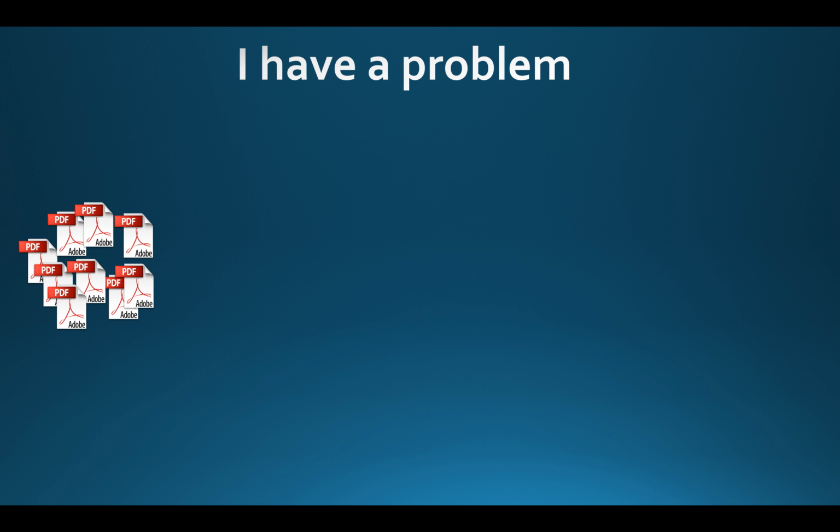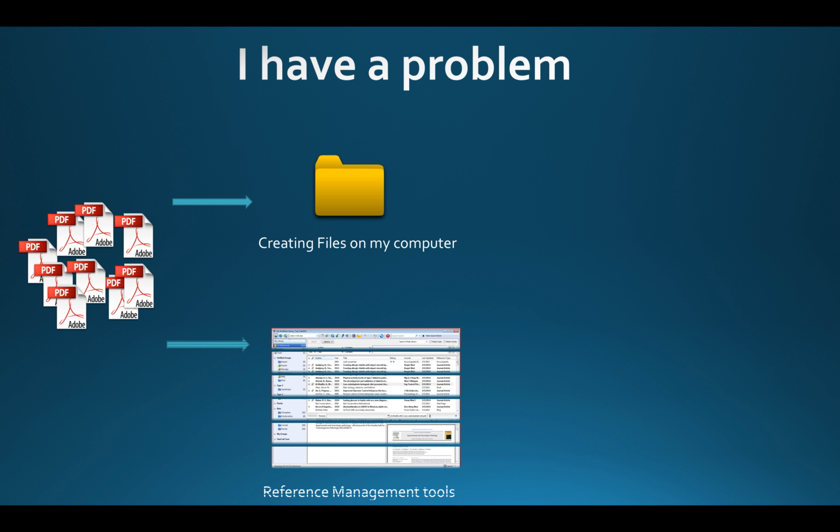During the first month, when I decided to do some literature review about interactive narrative, I downloaded several papers and put these papers onto my computer. I created some files to put these papers into, and I also used some reference management tools like EndNote.